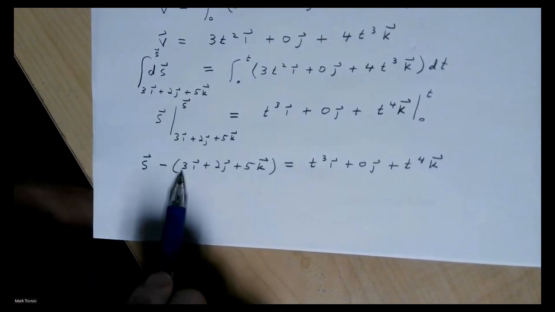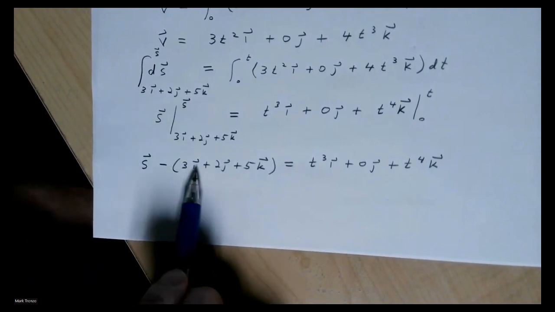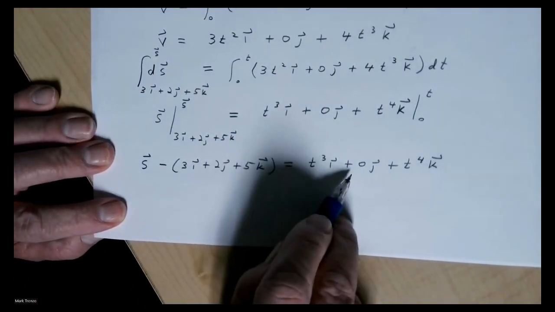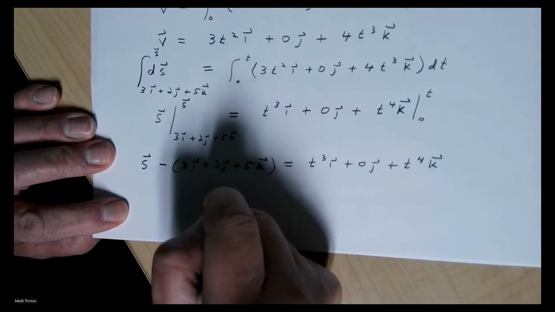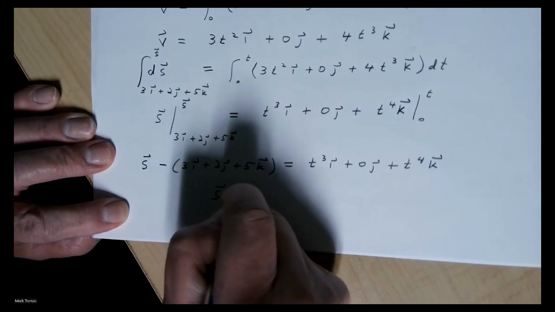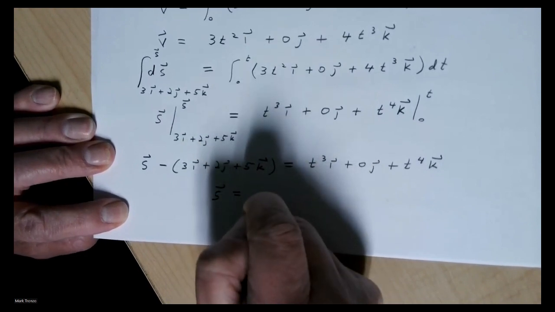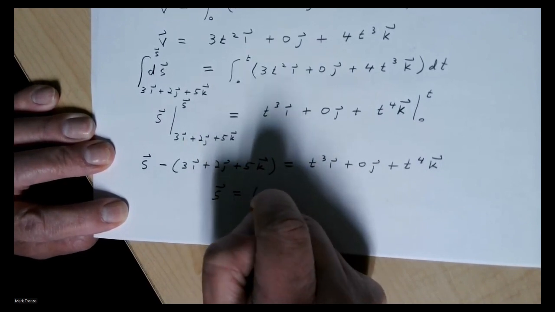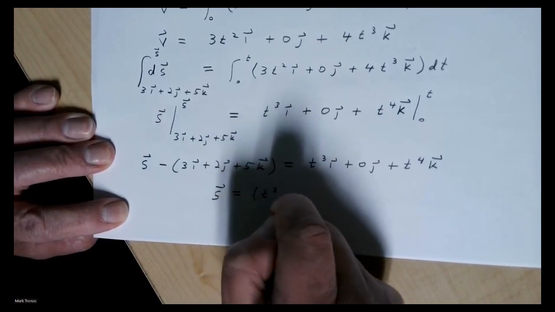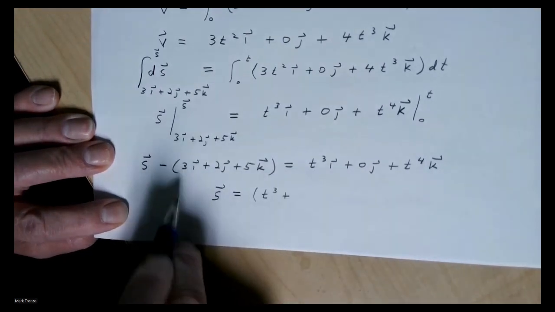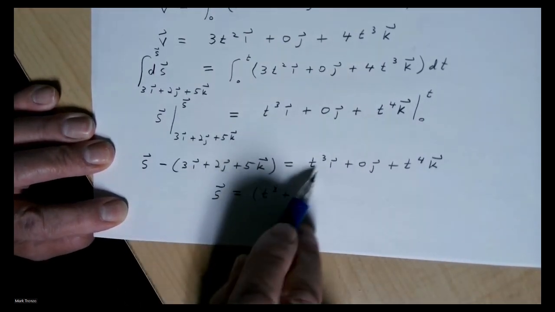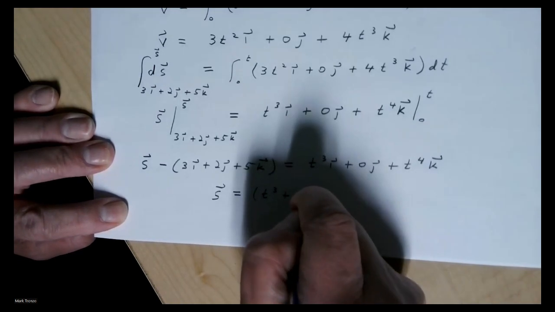And then finally, if we want an equation for S, we'll bring all these terms over the right-hand side. And we'll have T cubed. So the 3I will become a positive 3I and add to this.